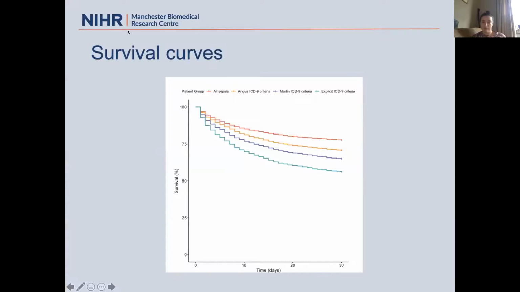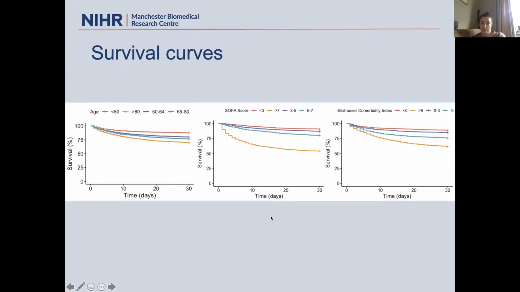These are survival curves showing 30-day mortality. The lower lines show worse survival. The red line here is the whole cohort, then the orange line is the Angus criteria, then the Martin criteria, and the bottom line is the explicit ICD code criteria. So they've got the worst survival over 30 days.